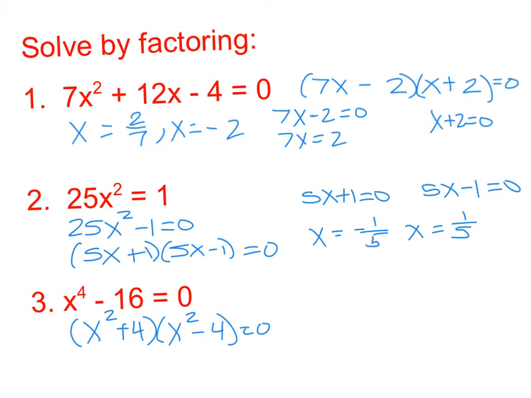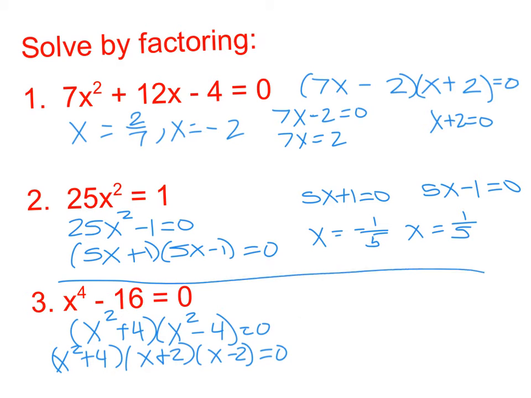But we're not quite done. Remember, a plus doesn't factor. x squared minus 4 is x plus 2, x minus 2. And then we set each of those equal to 0. Now, when we try to set x squared plus 4 equal to 0, x squared equals negative 4.